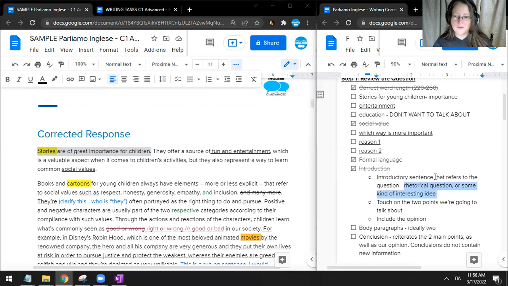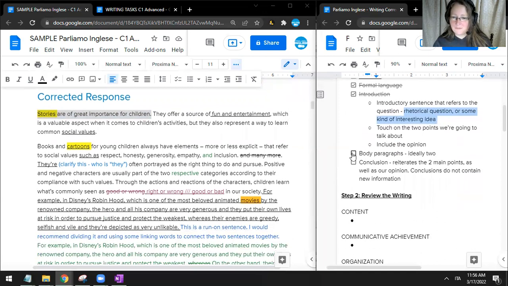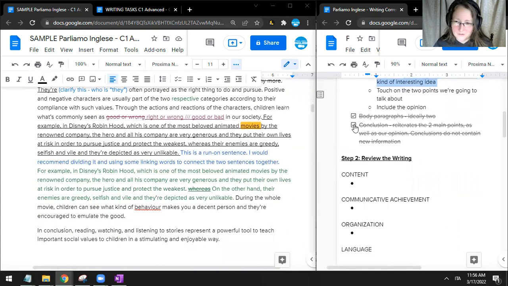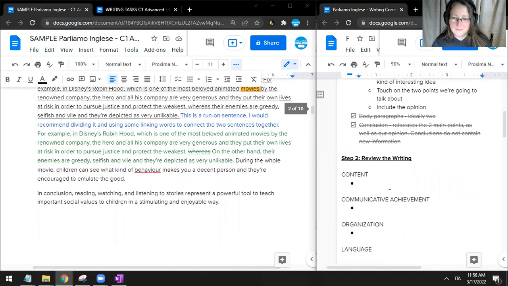But we do have an introduction, it's fine. We do have an obvious body paragraph, and an obvious conclusion. Although in this case, it did not reiterate the two points as well as the opinion, because there was none. But we do have one.